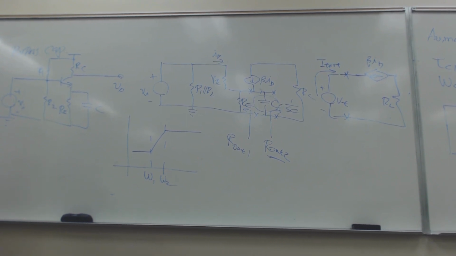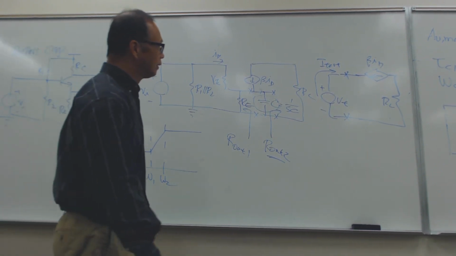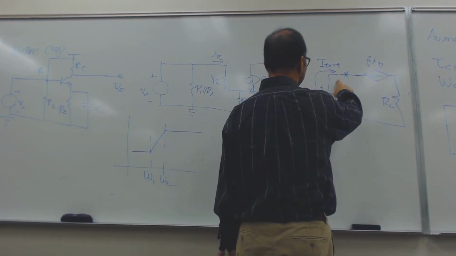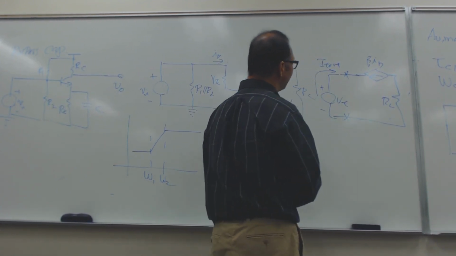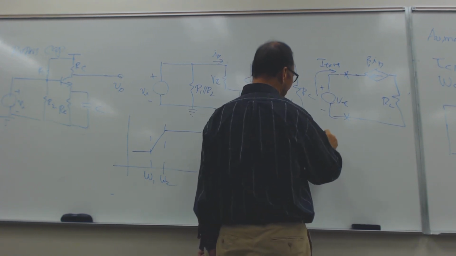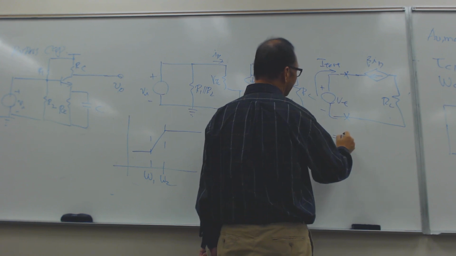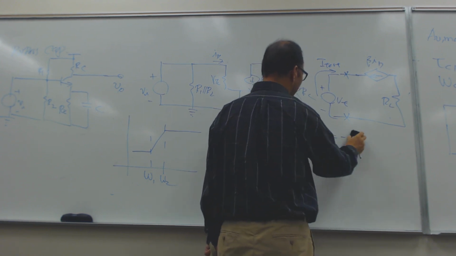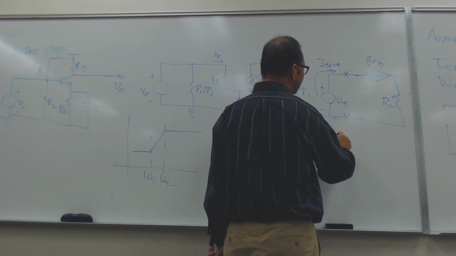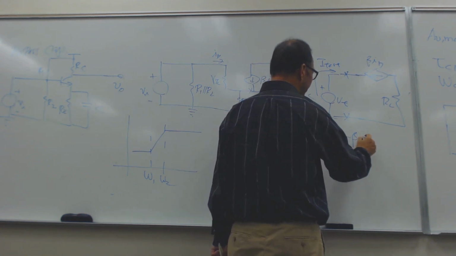Why would I sub B not just be V test over R pi? You mean this one? Yeah. What are you saying? I test is whatever you set it to be, and then I sub B with I test must be equal to minus beta I_D, right?